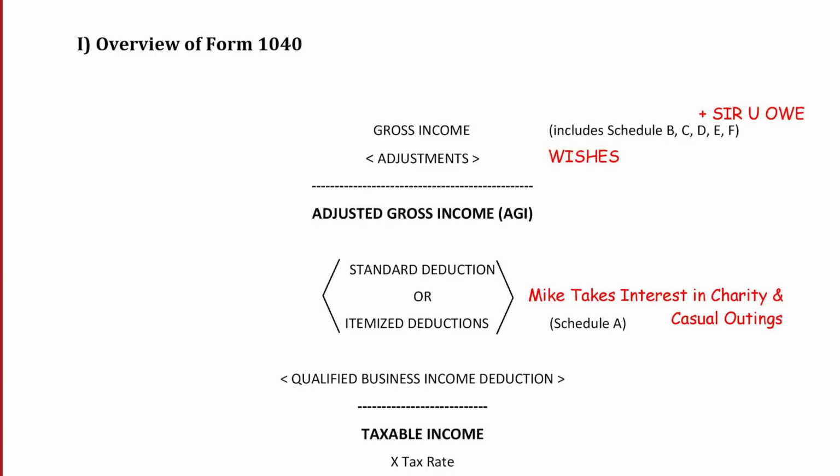Then there's also the qualified business income deduction, which is allowed on qualified business income before we get to taxable income.